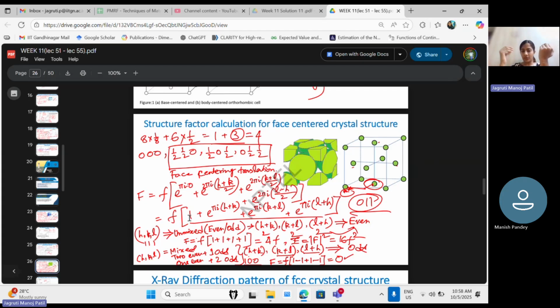So that's 14 in total. So now how do you see them? 8 were there in this. So 8 times 1/8 for each. Then you have 6. So where does that 6 come from? So it comes from the faces that you have. So you have 2 here, and 2 here, all centered. So those are like 6. And then each counts half. So you have 3. So 1 plus 3, that's 4.